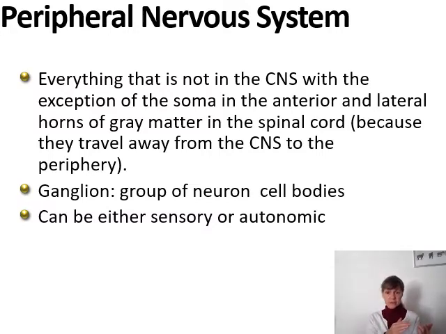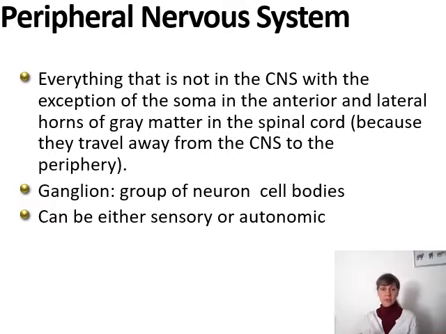In the central nervous system, anytime we spoke of a collection of soma in the central nervous system, we had two different terms that we could use. One was nucleus, and the other was ganglion. We saw the basal nuclei, for example.